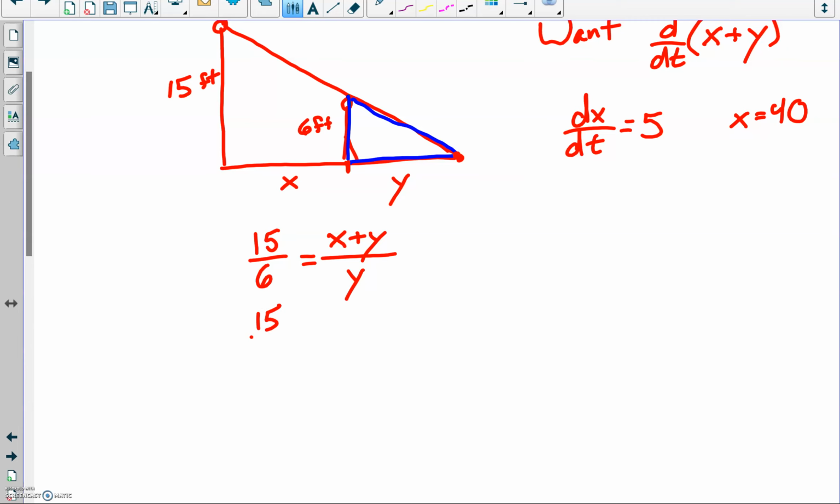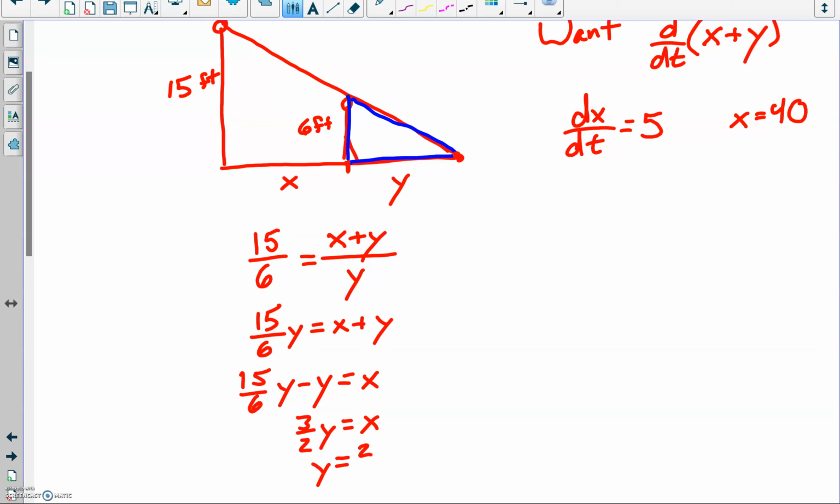And we get 15 sixths Y equals X plus Y. And then 15 sixths Y minus Y equals X. And simplifying, you would get 3 halves Y equals X after you do the math on that left side and simplify. And I have information about X, so I want to find a way to replace Y with something. So I'm going to solve for Y here and get 2/3 X.